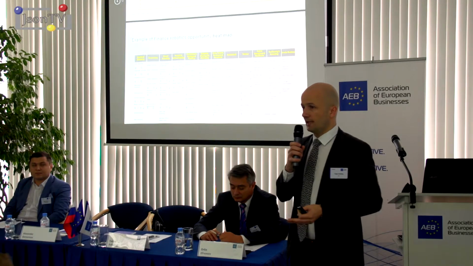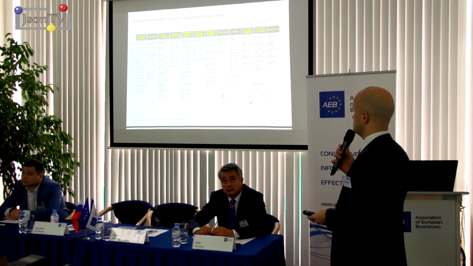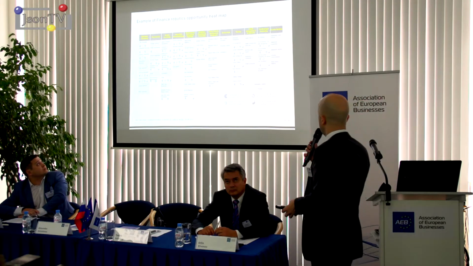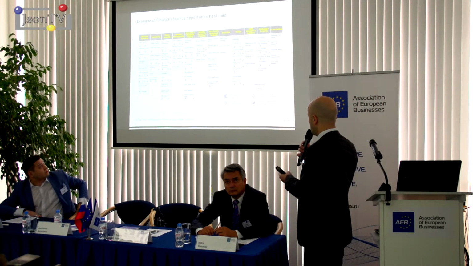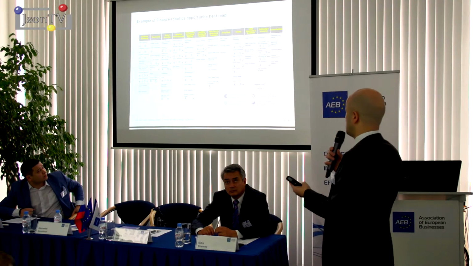And based on such an analysis, and we have done this in a more general way, you can actually design a heat map. Where are the biggest opportunities for RPA? They have different functions. For instance, in the finance function, you have operational accounting, you have general accounting, you have treasury functions, and then you can see what is the potential for RPA in this particular area.